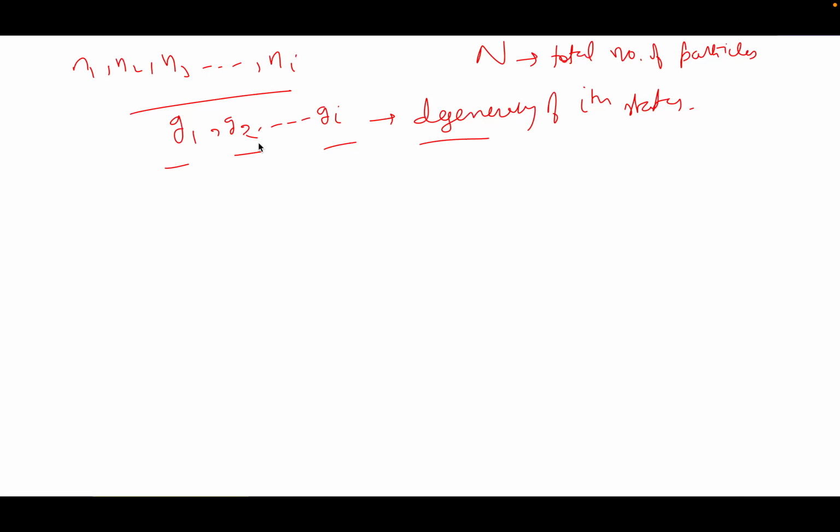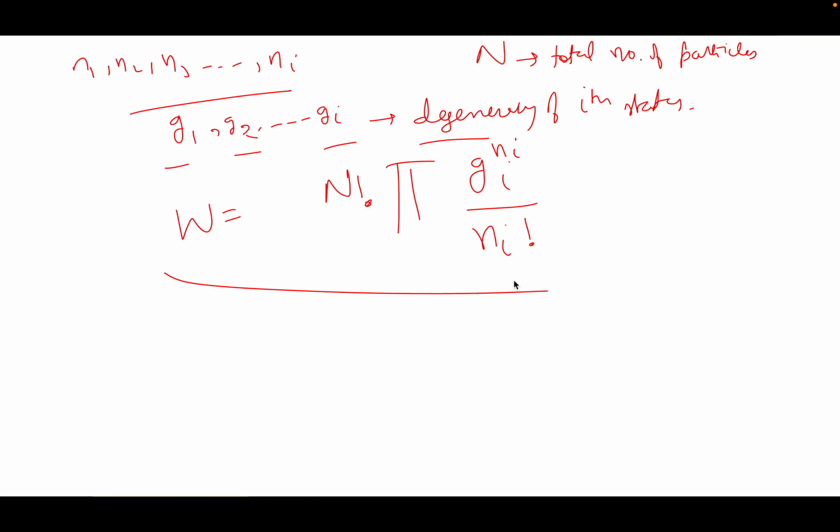So degeneracy is given. What will be the formula for W then? W will be equal to n factorial into the product of gi to the power ni divided by ni factorial. So this is the formula.